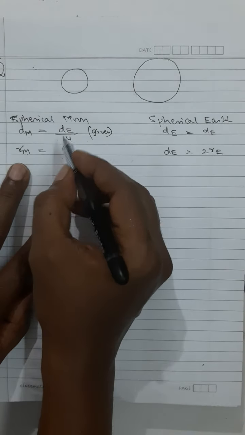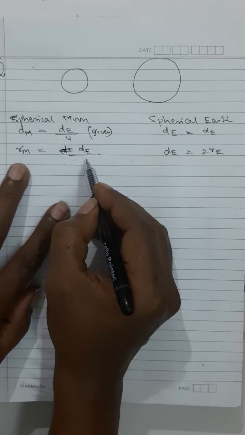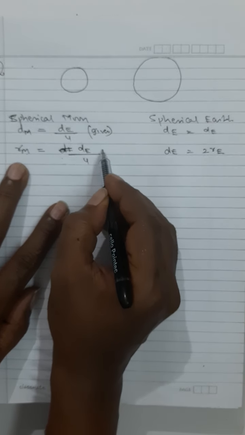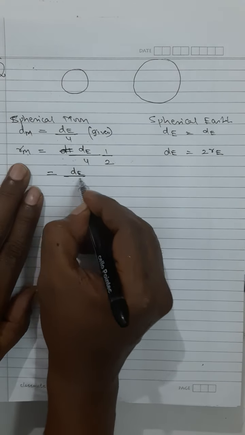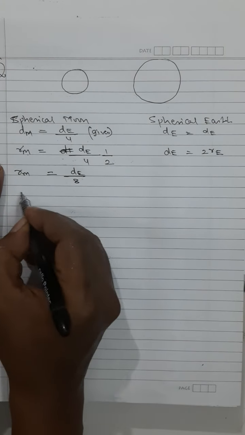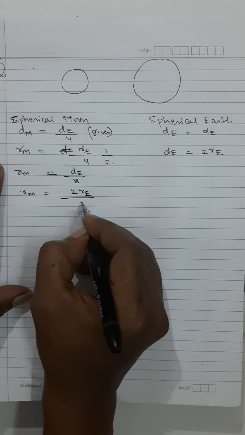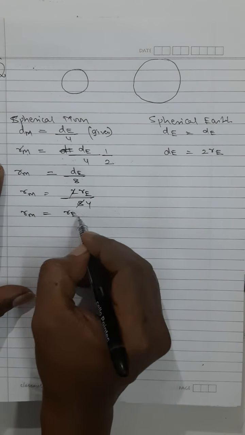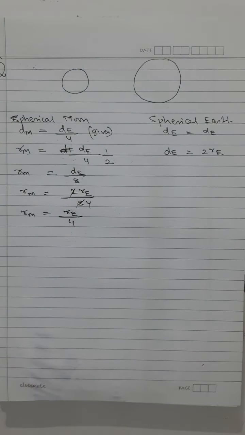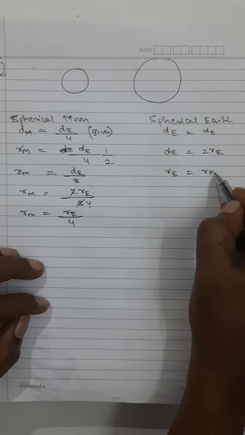So the diameter of moon is equal to diameter of earth upon 4, and dividing this by 2, again 1 upon 2, the radius of moon is diameter of earth upon 8. Since diameter of earth is 2 times radius of earth, upon 8, therefore the radius of moon will be equal to radius of earth upon 4. This is what you will get. And the radius of earth will be only the radius of earth.